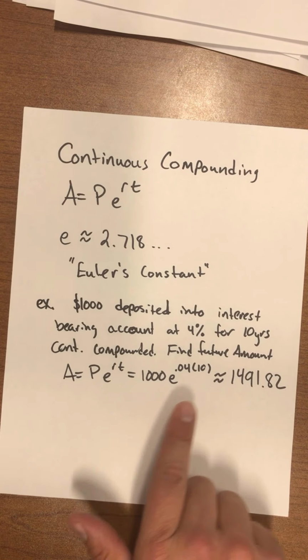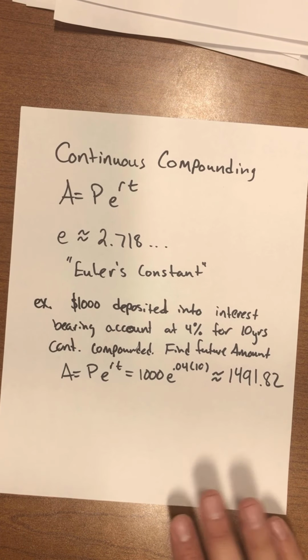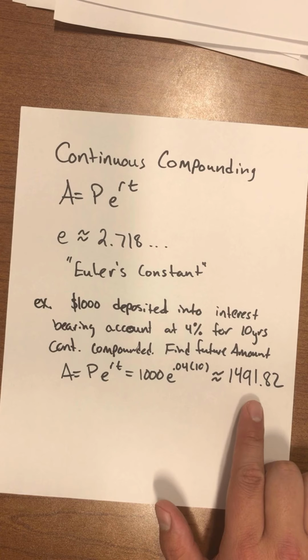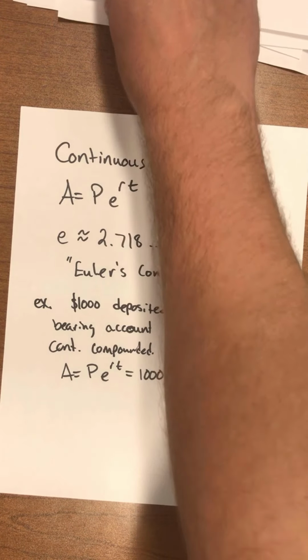So if we did that same calculation but continuously compounded, we get $1,491.82, and previously compounded quarterly in the other example, it was $1,488.86.